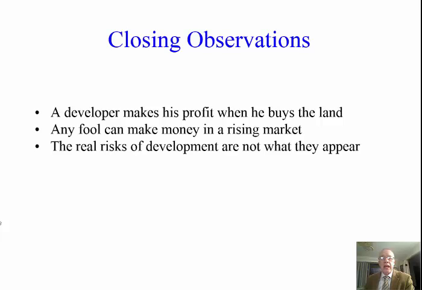Once he buys the land, he has locked in his profit and risk allowance for the project. And what that means is if he's made mistakes in his calculations, especially if he's been too optimistic, it's likely that his profit is going to be way down, and there's almost nothing he can do to change it.